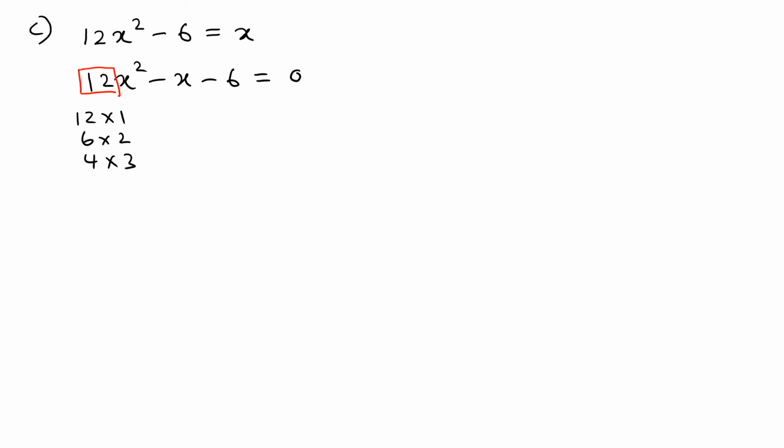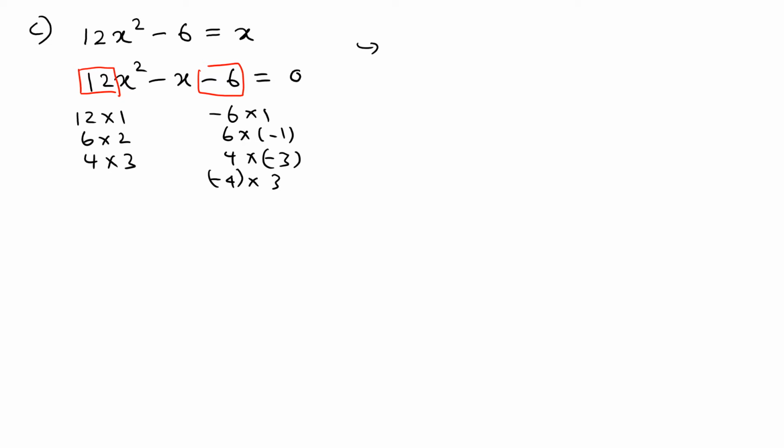And the constant term, -6, also has many factors: -6 times 1, 6 times -1, 4 times -3, and -4 times 3. So there are a lot of options. Now, in general, we can use a trial and error argument.